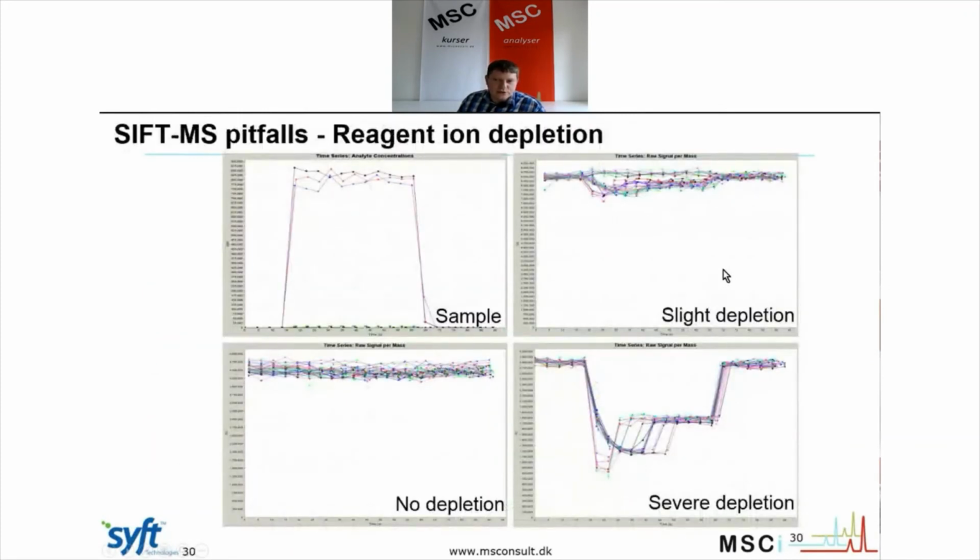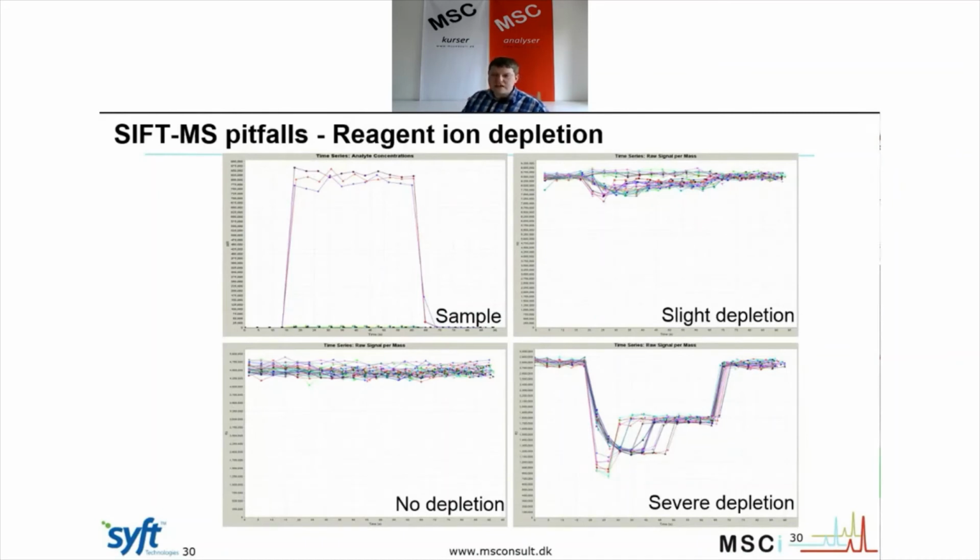Apparently I didn't include some slides for interferences, but as I mentioned, if you have some compounds that have the same ions, then you can get interferences from other ions. And the Syft-MS does what it can, but sometimes there are simply compounds that are so identical that you can't differentiate them.